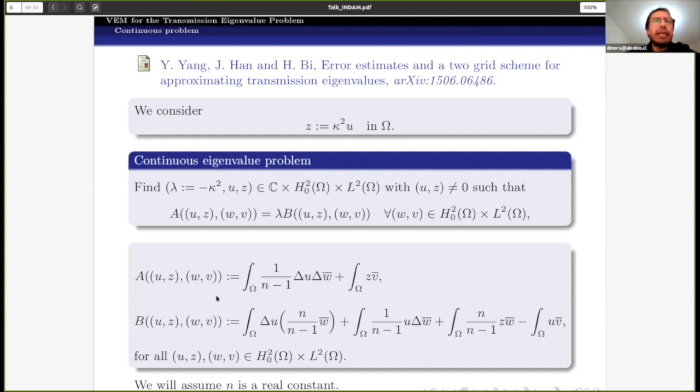We observe that the form is self-adjoint, bounded and elliptic in some sense in this space, which is H02 times L2. In the following, we are going to assume that n is a real constant.